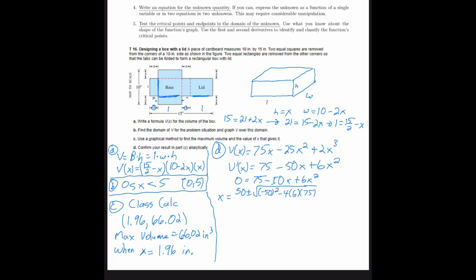So that's going to be x equals 50 plus or minus the square root of negative 50 squared minus 4 times 6 times 75, all over 2 times 6.